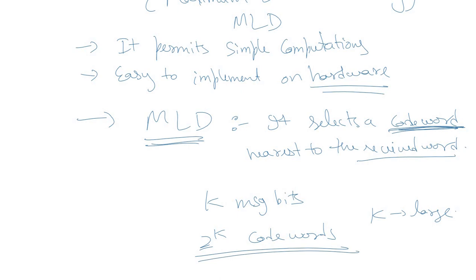So in order to perform the ideal ML decoding, maximum likelihood decoding, we need to compare the received word with each and every code word, and then find out the Hamming distance, and the code word with the minimum Hamming distance will be your detected code word. But if the value of k is large, this process will involve a huge complexity. So Viterbi proposed a simple modification to this process.